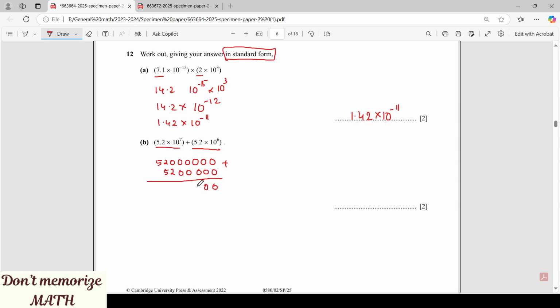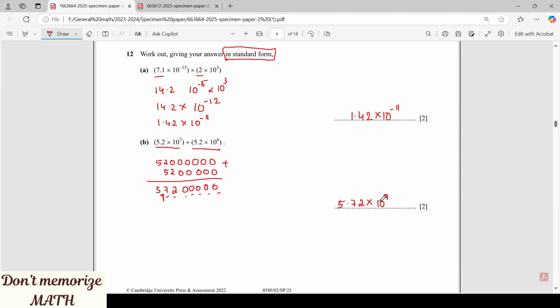Here also 0, 0, 0, 0, 0, plus 2 will become 2. 5 plus 2 is 7 and we'll get 5. So here the final answer is 5.72 times 10 raised to, we need to count, since we are putting the decimal here, 1, 2, 3, 4, 5, 6, 7. So we will get 10 raised to 7.